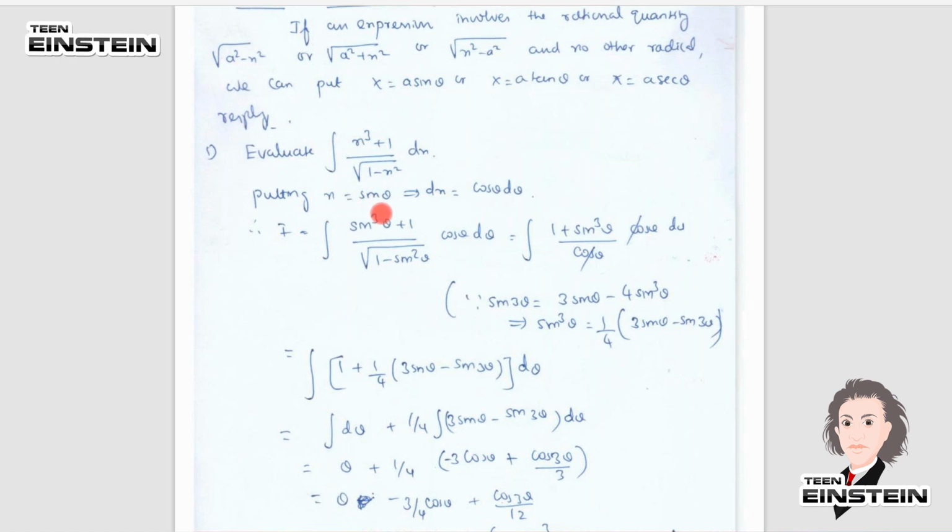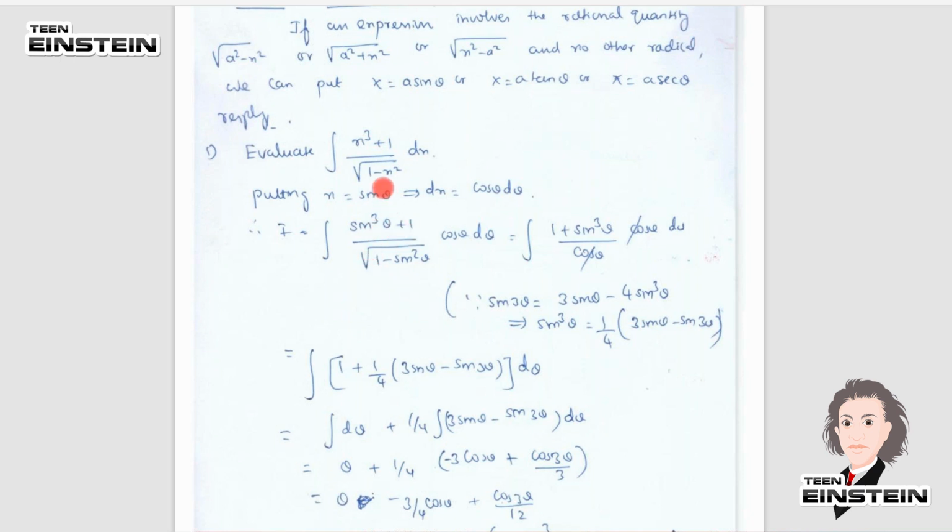If I take x equal to sin theta, then what is dx? If you differentiate x with respect to x, you get dx on the left hand side, and on the right hand side the differentiation of sin theta is cos theta d theta. So the above integral takes the form: x cube plus 1 becomes sin cube theta plus 1, divided by square root of 1 minus x square.